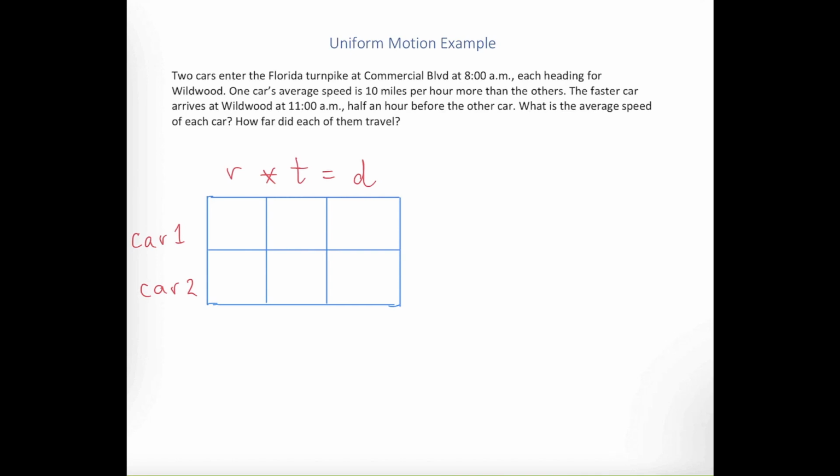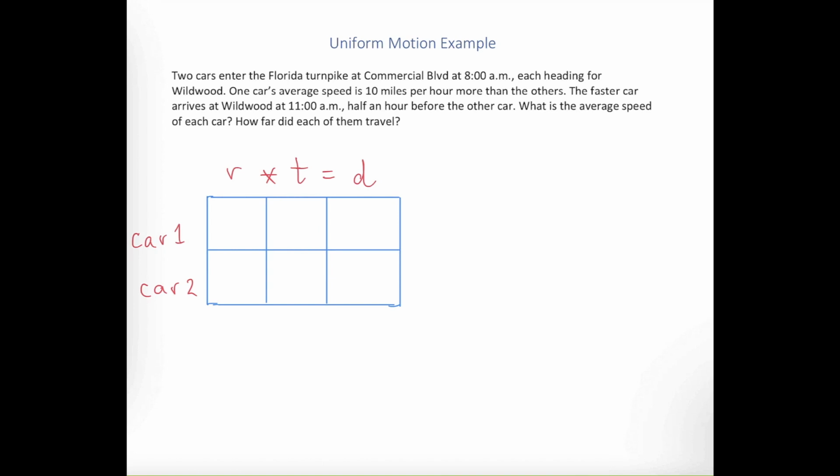Now let's read back through the problem to see if we can identify any obvious information that can be put into the table. Two cars entered the Florida Turnpike at Commercial Boulevard at 8 a.m. That is not obvious. I'm not sure where to put that in the table. Each headed for Wildwood. One car's average speed is 10 miles an hour more than the other car's. The faster car arrives at Wildwood at 11 a.m., half an hour before the other car.